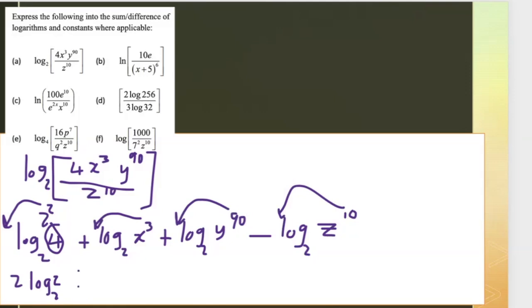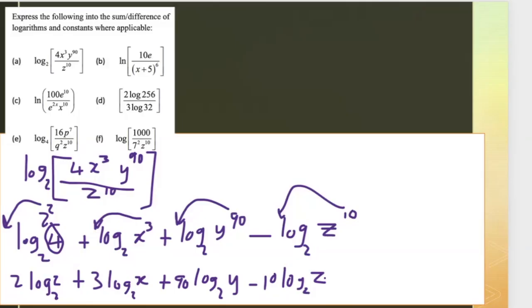So that means I have plus 3 log base 2 of x, plus 90 log base 2 of y, minus 10 log base 2 of z. Now log base 2 of 2 is 1, so this is going to disappear.